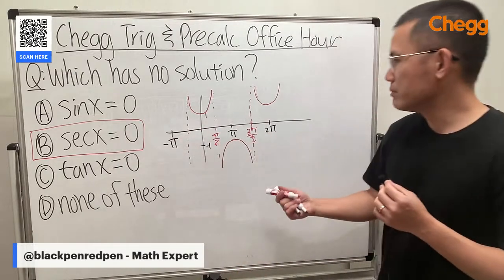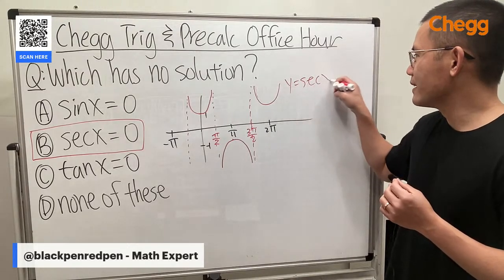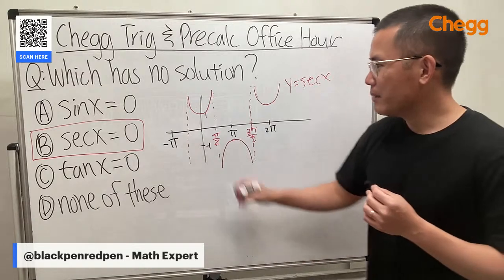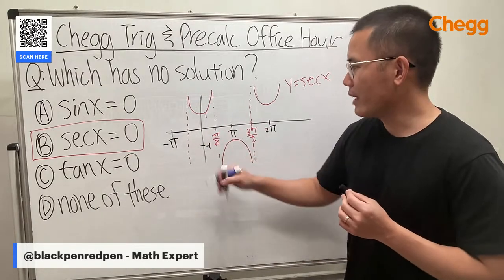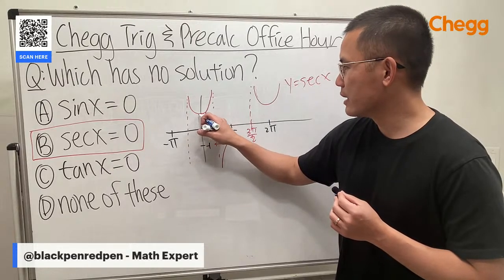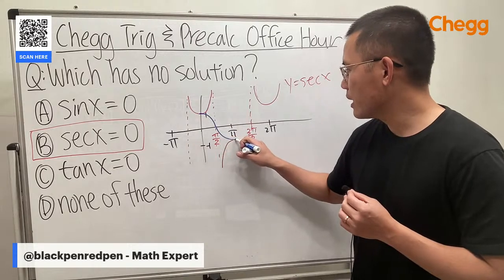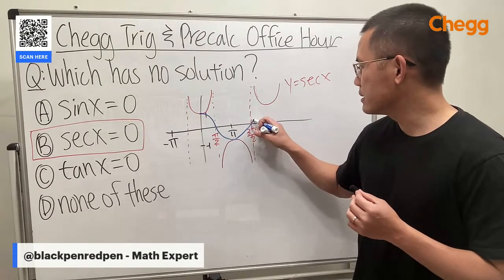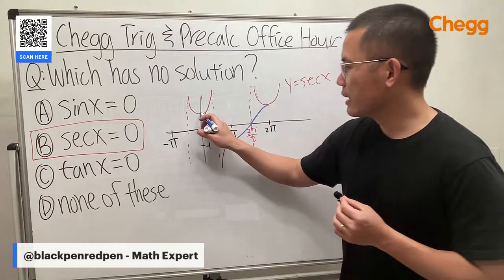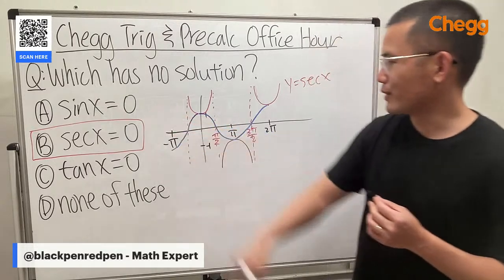But if you graph secant, you will get something like this. So let me just grab 3 markers in the hand. This right here, y is equal to secant x, the red one. But if you put on the blue one, which is going to be cosine, it will look like this. This is how cosine looks. Cosine starts right here, and then goes down, goes here, and then like this, and so on, so on, so on.